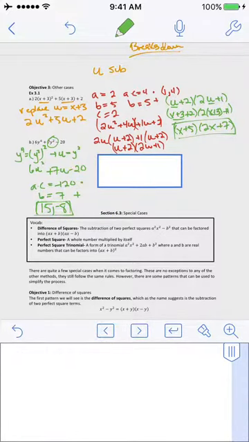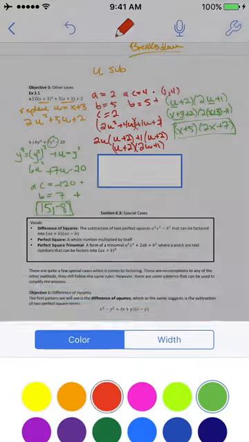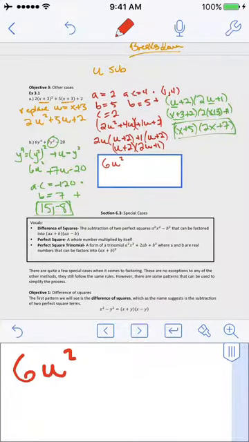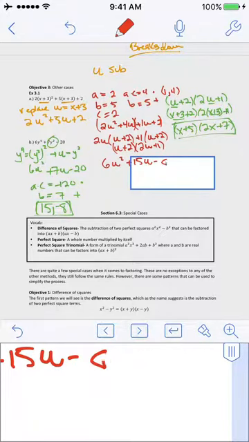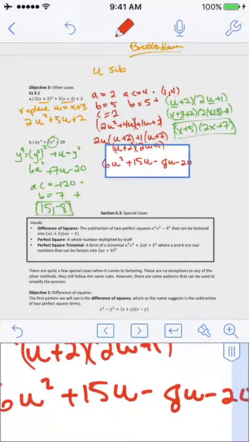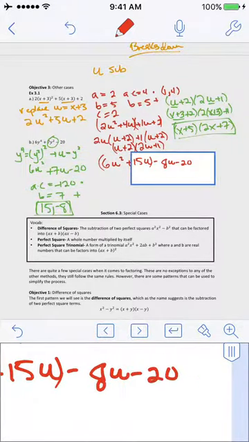15 and negative 8. So now we can do our factoring. 6u squared, this time plus 15u minus 8u minus 20 instead of 7, right? Instead of 7, I've got 15 minus 8, which is the same thing. And we factor by grouping.